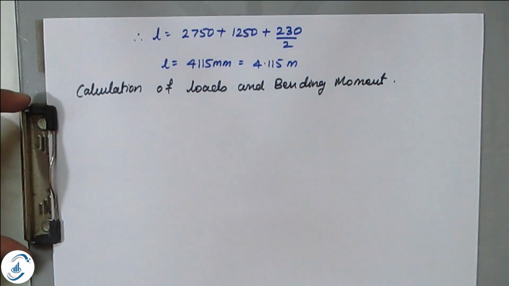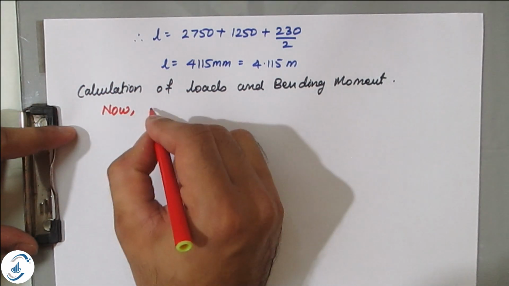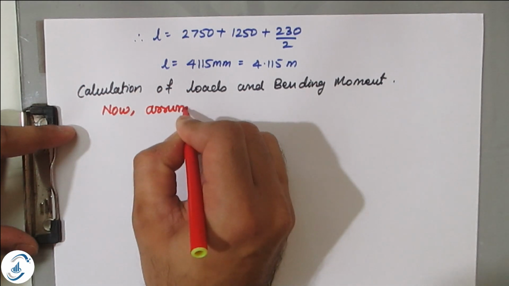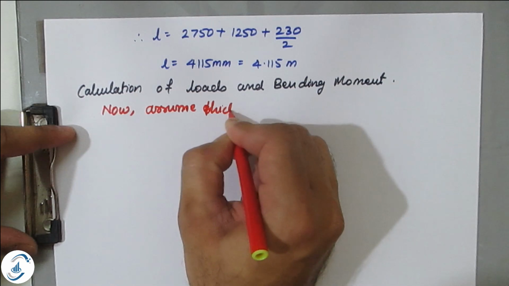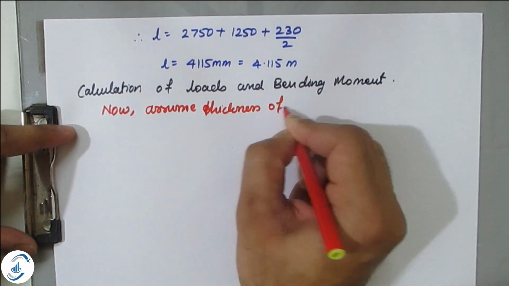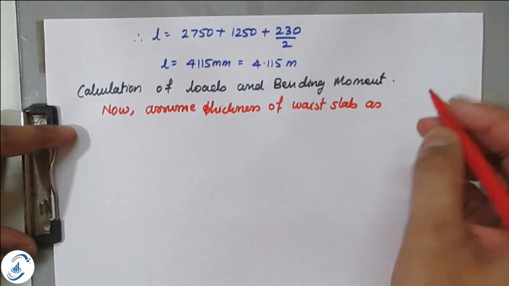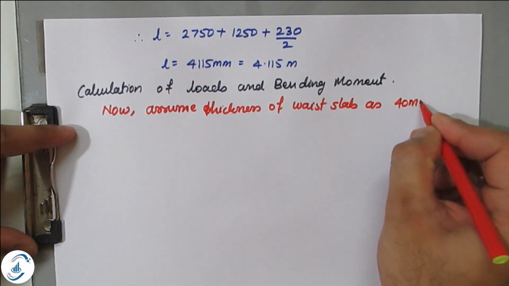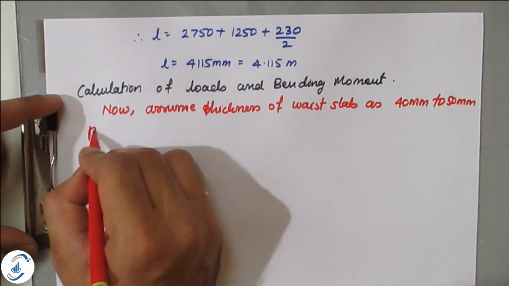So I'll write down here: now assume thickness of waist slab as 40 mm to 50 mm per meter span.